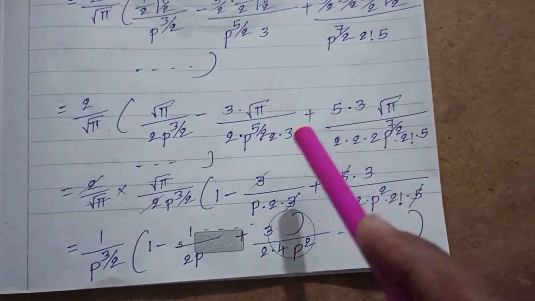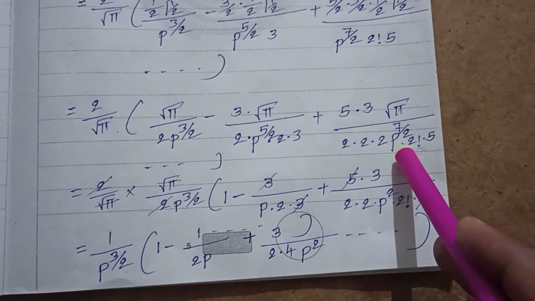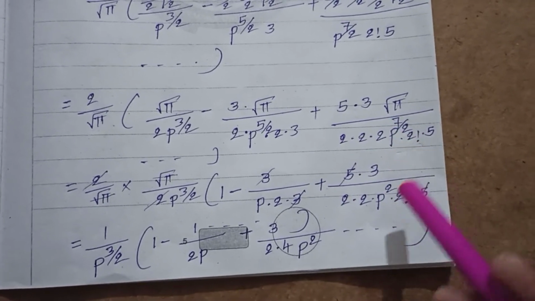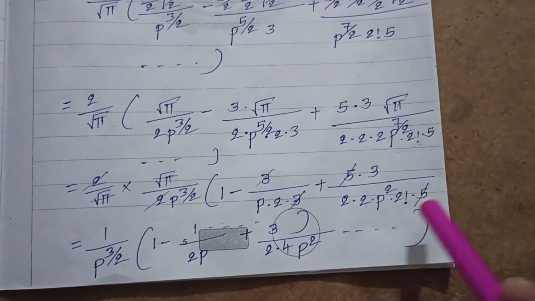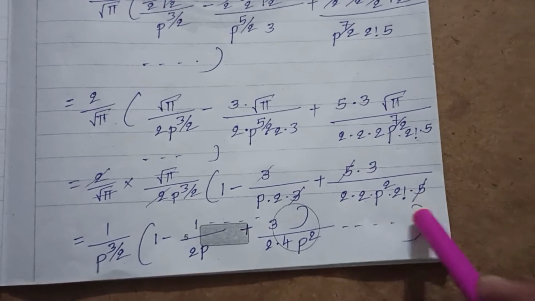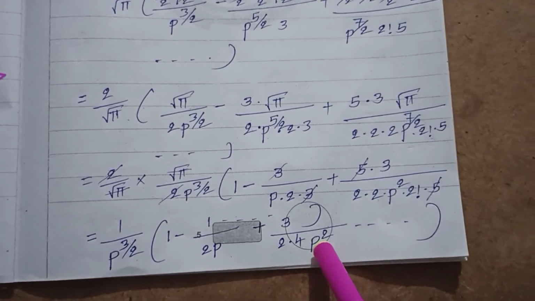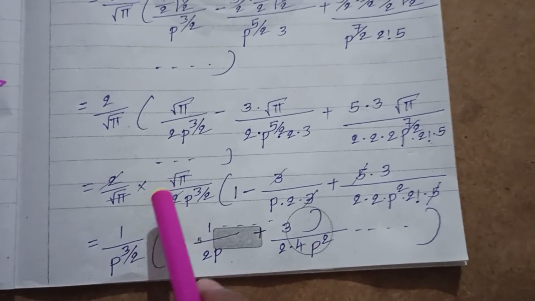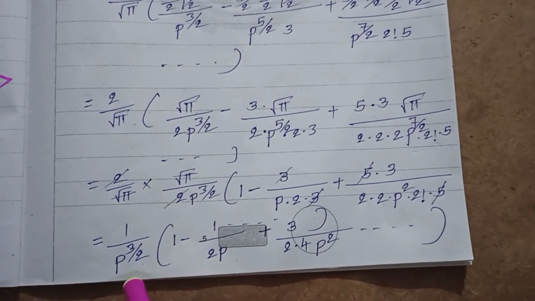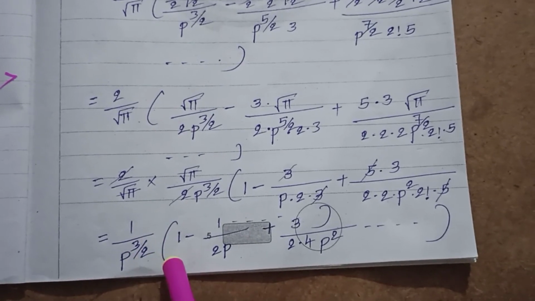Here square root of pi goes, 1 2 goes. Here p power 3 by 2 goes, which means p square remains. 5 will vanish out, and the remaining terms we will write here. After doing some calculations, we will get 1 by p power 3 by 2.